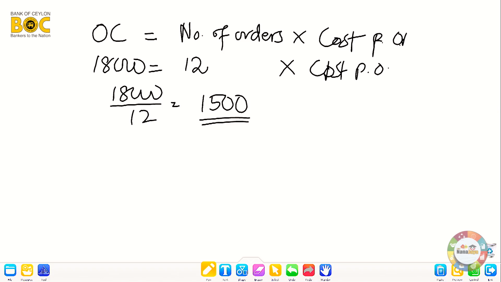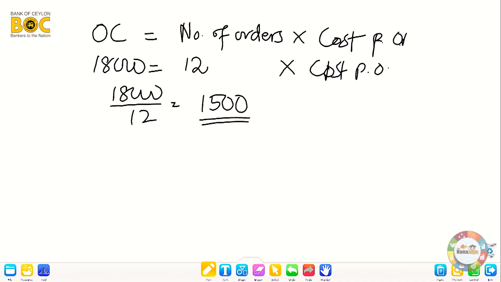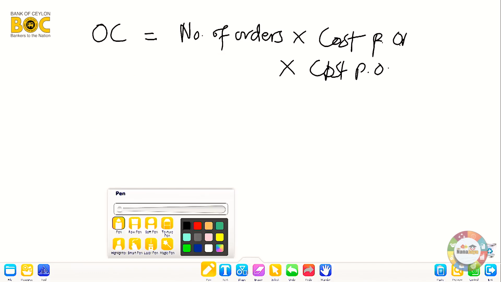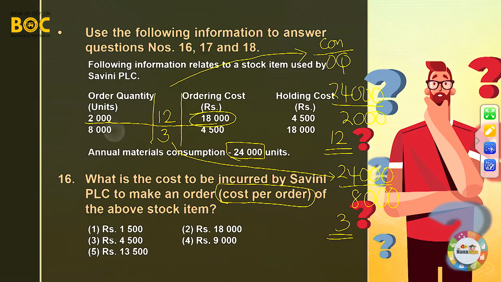If you want to double check, use the second situation. In the second situation, how much is the ordering cost? The ordering cost here is 4,500.